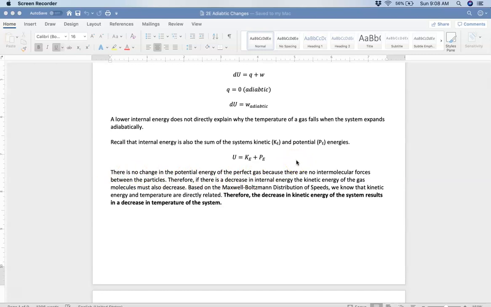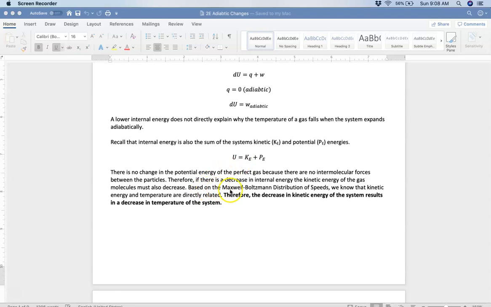So we don't need to pay a price. If there were attractive intermolecular forces, a price would need to be paid to overcome that potential energy. And if repulsive forces were dominant, there's not going to be a conversion of that potential energy into more internal energy. So basically what we're left with is that any change in internal energy is going to be equal to the change in kinetic energy.